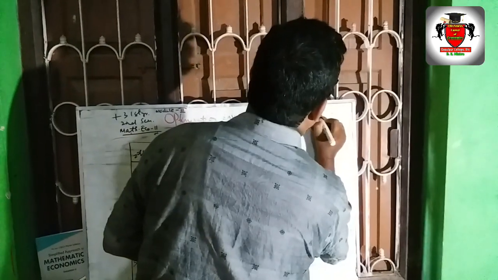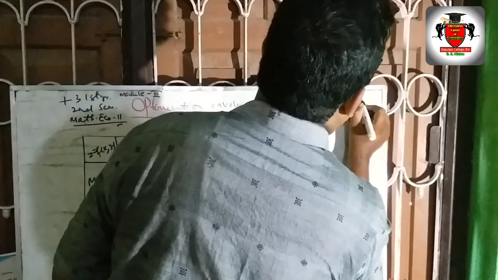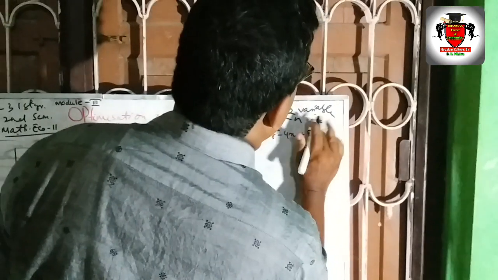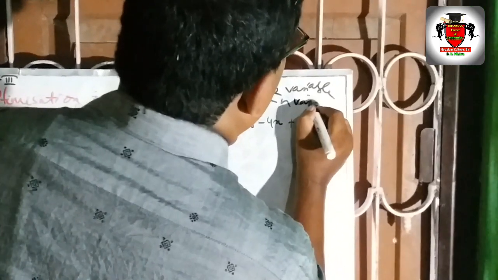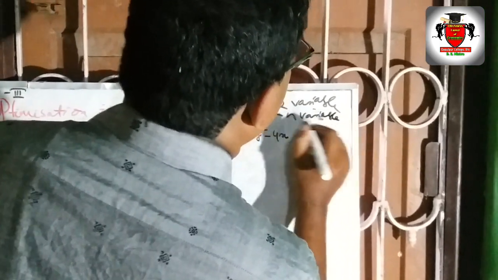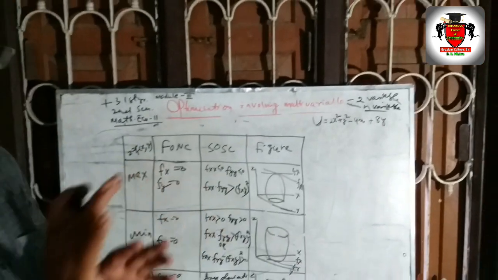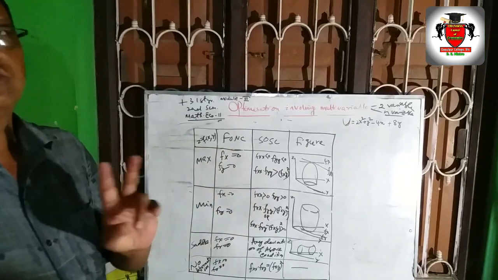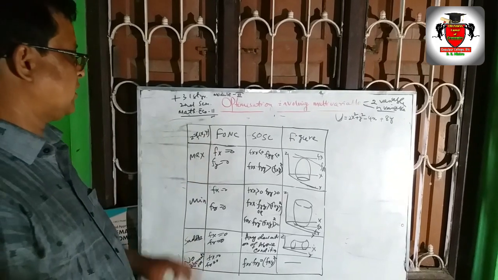The multiple variable case can be two variable and also n variable case: 2, 3, 4, 5 or n variables. We will discuss the n variable case in the next video. In this video we are explaining the two variable case only.